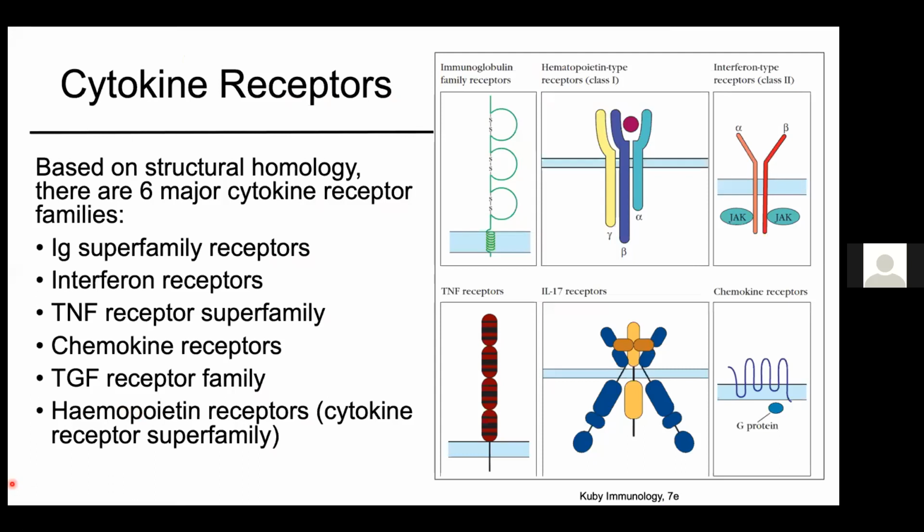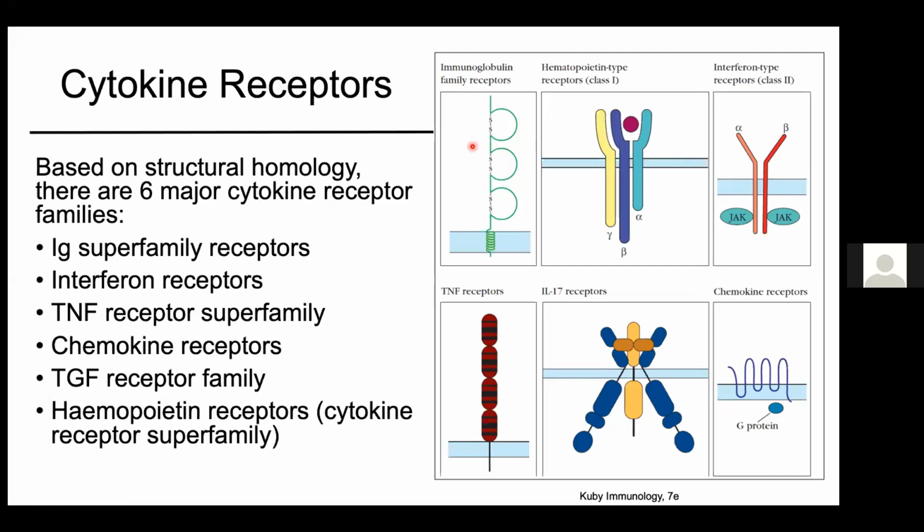I talked about the fact that cytokines act by binding to their cognate receptors. There are different types of receptors that are classified based on their structure. So there are 6 major cytokine receptor families, and this is just a diagram to highlight how they look.